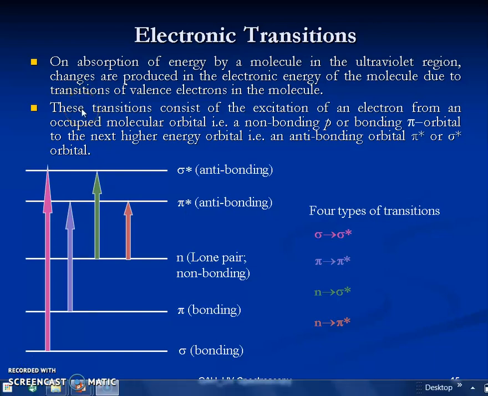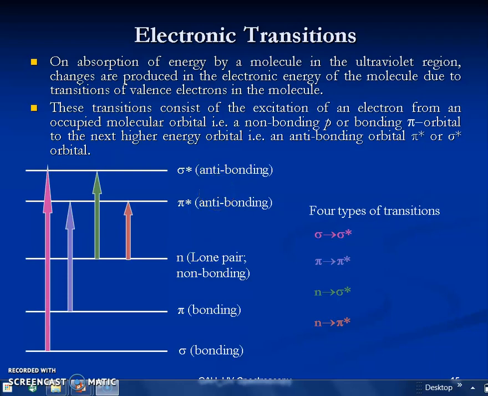The electronic transitions consist of excitation of an electron from an occupied molecular orbital, that is a non-bonding n orbital or a bonding pi orbital. Here you can see there are three different kinds of orbitals. The first one is the bonding orbitals, the second one is the non-bonding orbital, and the third one is the anti-bonding orbitals.